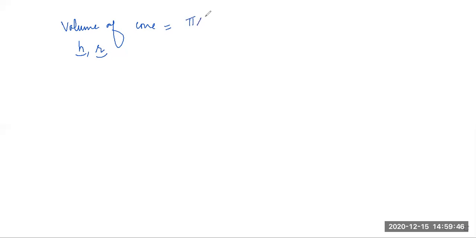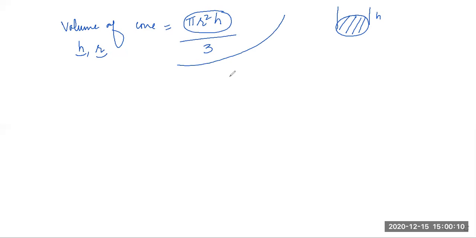Base area into height, so pi r square h. This is the volume of the cylinder. Simply divide it by 3. So the volume of the cone is pi r square h divided by 3. This is the technique by which you can remember the volume of the cone for a long duration of time.